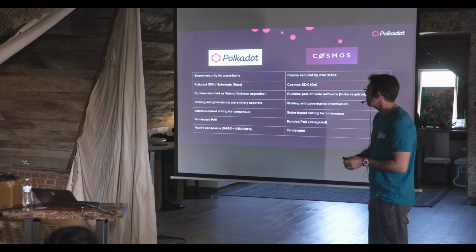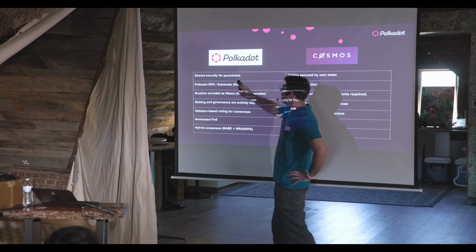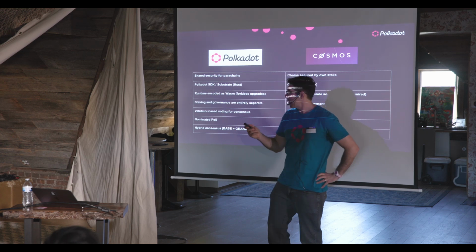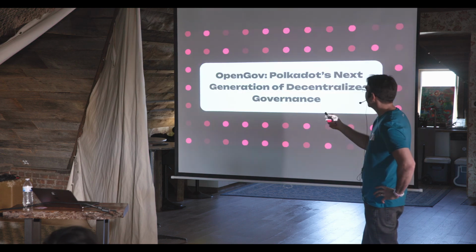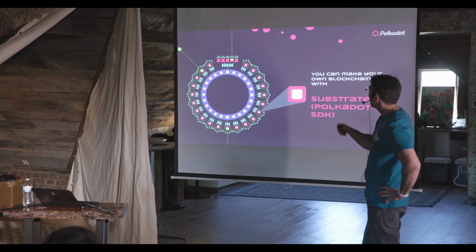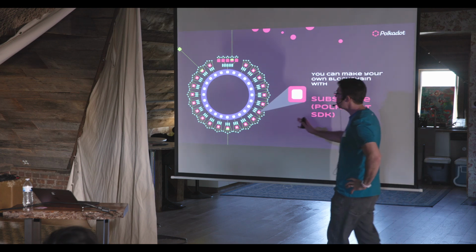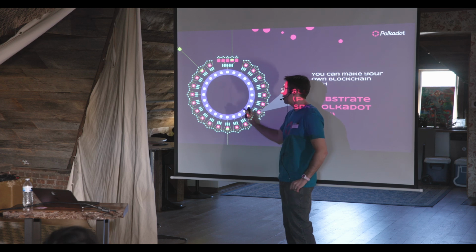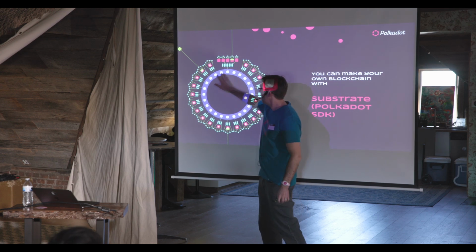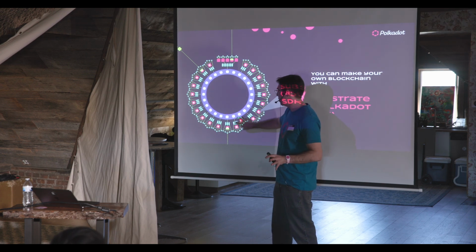So the big benefit for Polkadot, as I mentioned in that diagram a while back: when you're part of Polkadot, you are signing up to be a part of Polkadot, and you can leave at some point. You're developing this in Substrate.